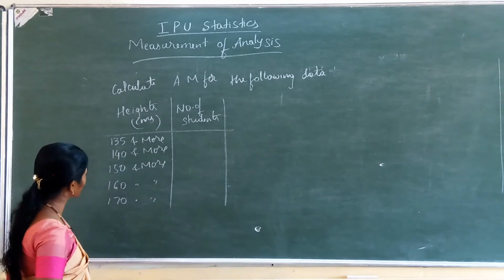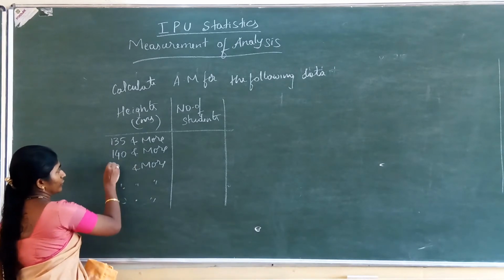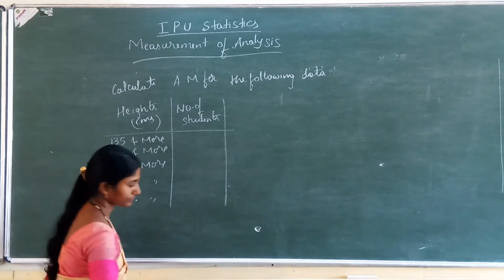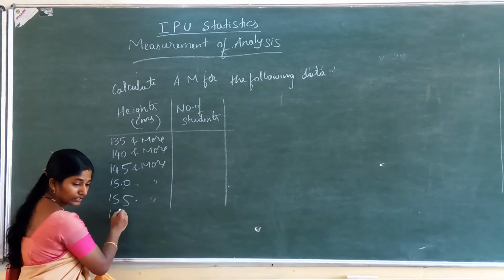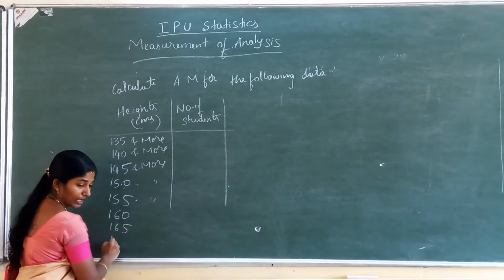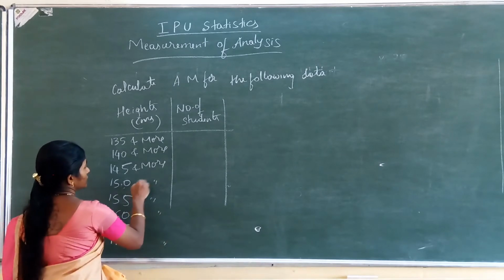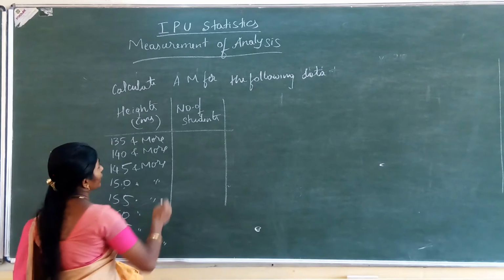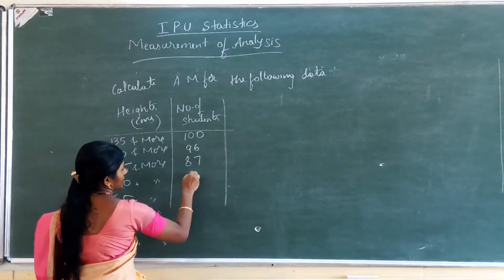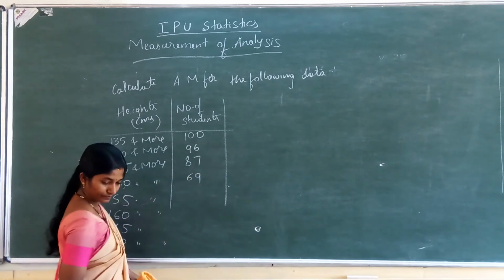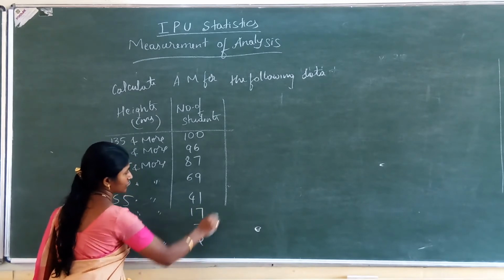135, 140, 145, then 150, 155, 160, 165, another one 170, all of them in the more-than form. The number of students is given as 100, 96, 87, 69, 41, 17, then 7, and the last one is 2.